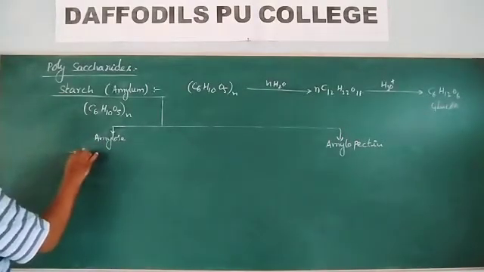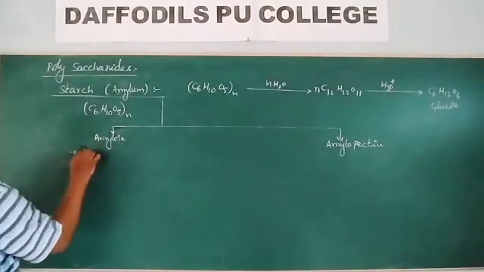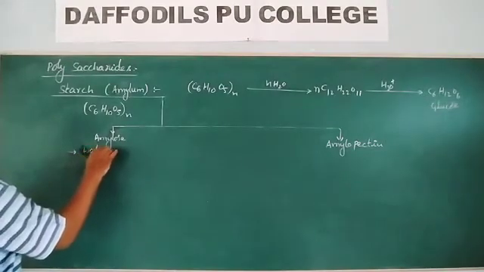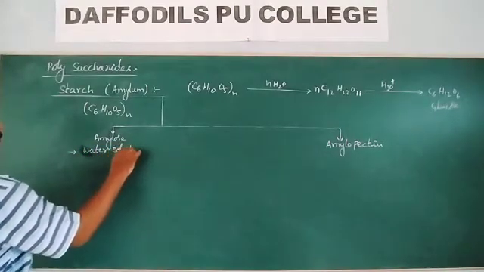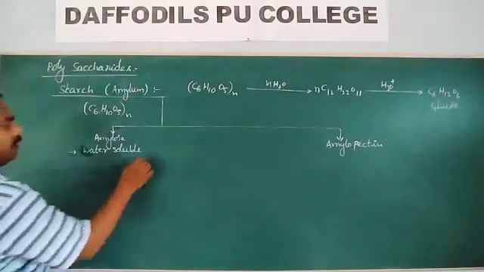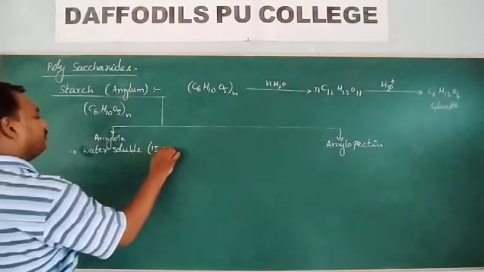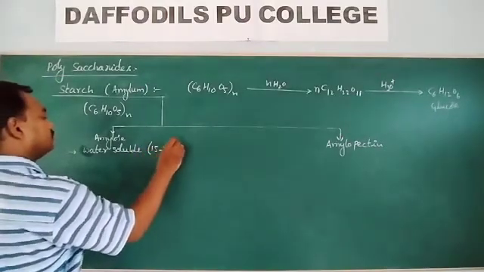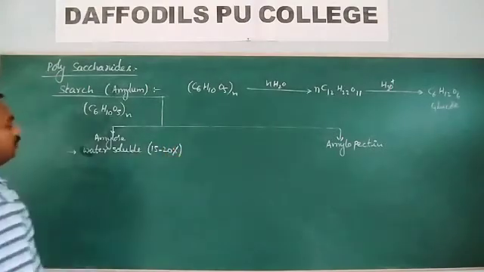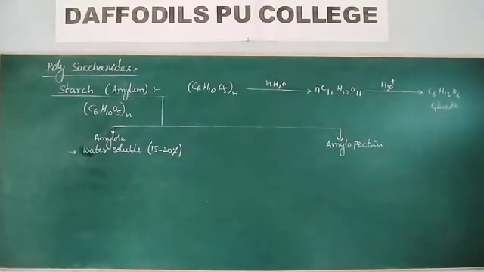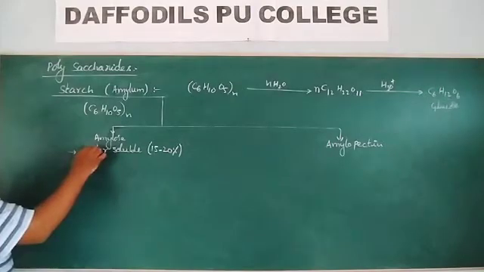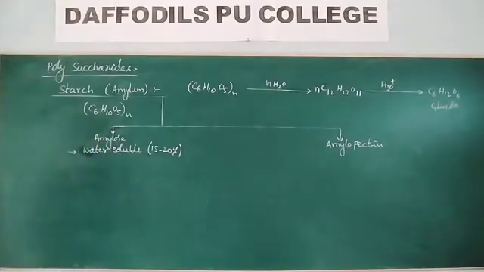This amylose is water soluble. Nearly 15 to 20% of starch is present in the form of amylose.